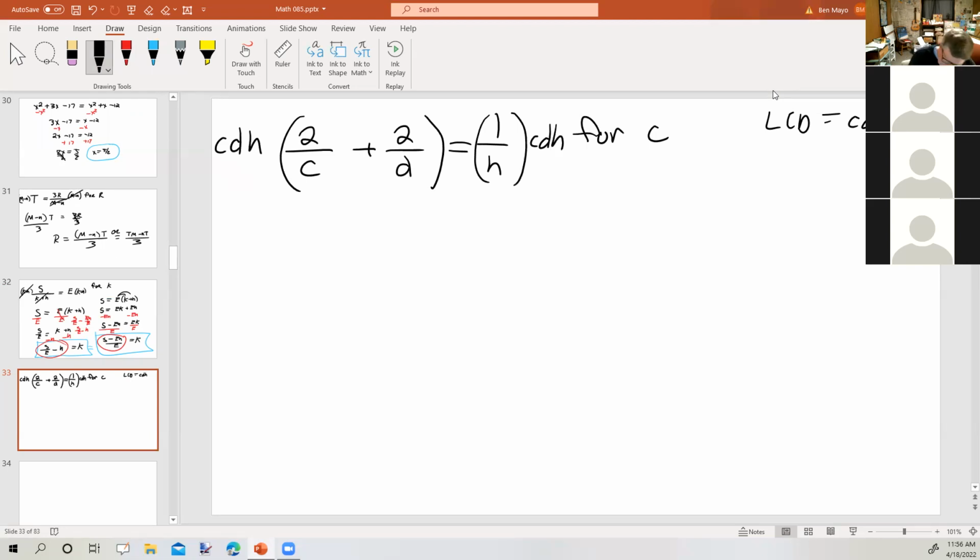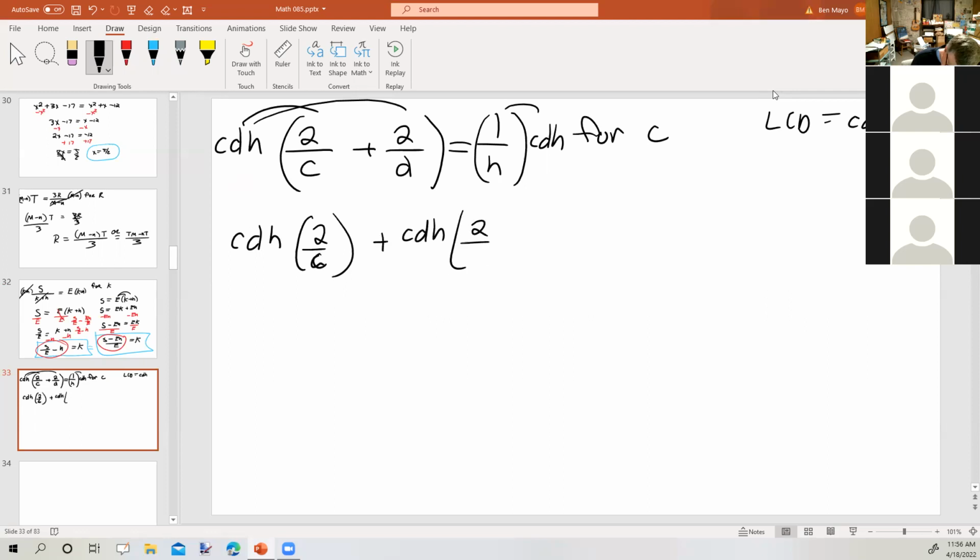Okay. So distribute, multiply. CDH times 2 over C plus CDH times 2 over D equals CDH times 1 over H.